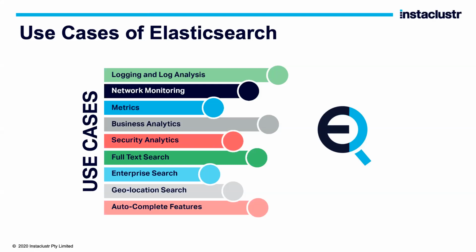The traditional SIEMs would be very heavy or slow to respond because maybe they're not using NoSQL or Elasticsearch features. And that's where Elasticsearch can be used, where you can push all your data, because obviously the log data is already there and all the metrics data is there, and then you can correlate and analyze those, to be used by the security teams as well. So SOC operations teams can use that from that perspective.